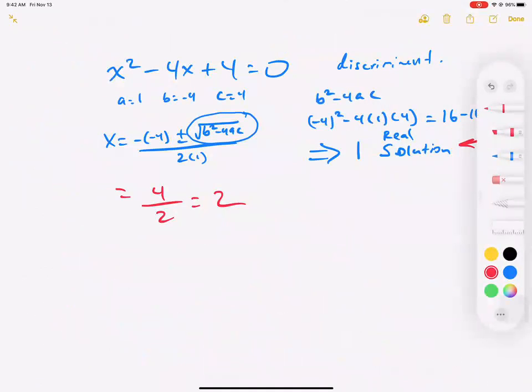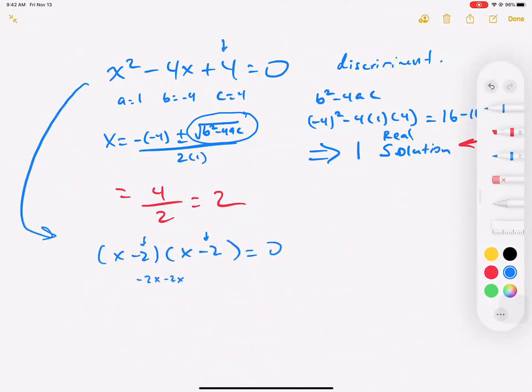But just to prove this to you real quick, this is really x minus 2 and x minus 2. Negative 2 times negative 2 is positive 4, and negative 2 plus negative 2 is negative 4x in the middle. And the answer to this is 2 and 2. It's the same 2.